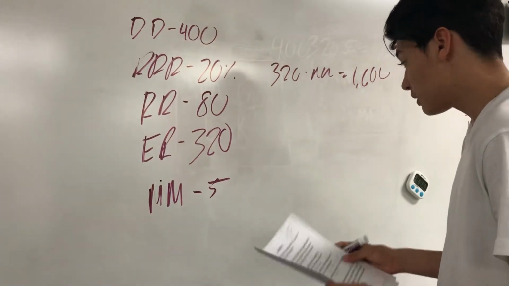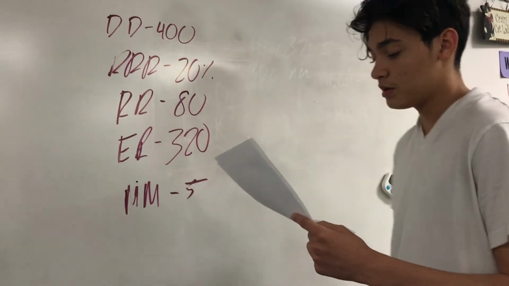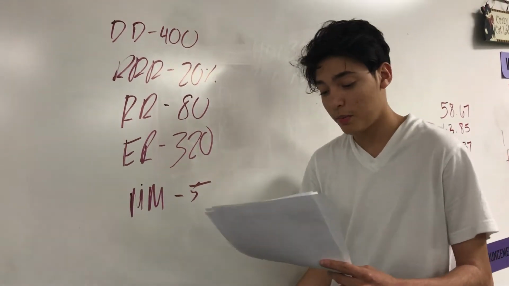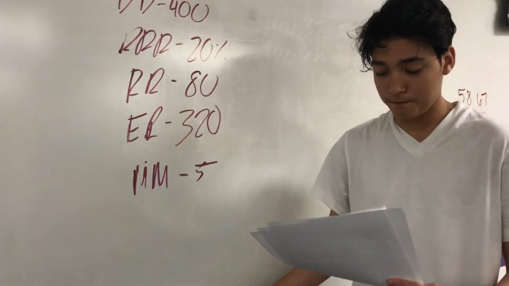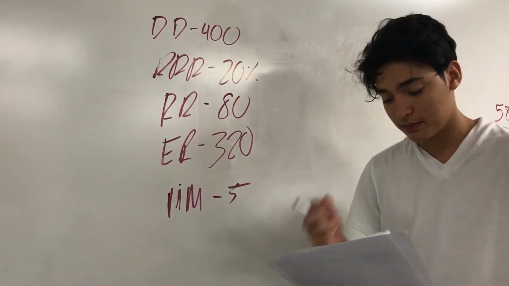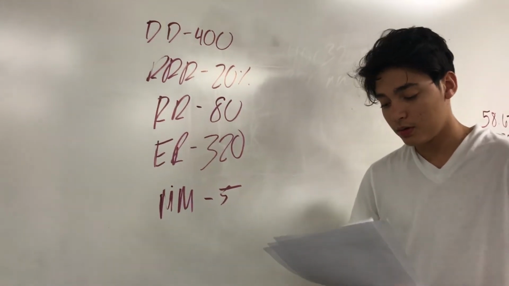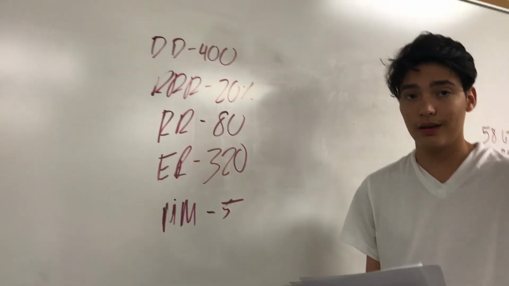Okay, so let's move on to problem C. Assume the Federal Reserve buys 12 million in government bonds on the open market. So here we have to find the maximum increase in the money supply in the banking system. When the Federal Reserve buys that 12 million in government bonds, that's automatically our ER.